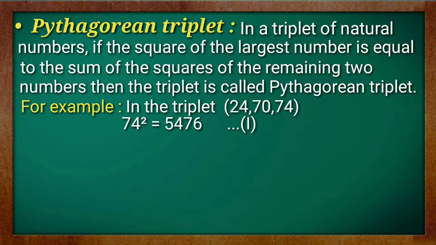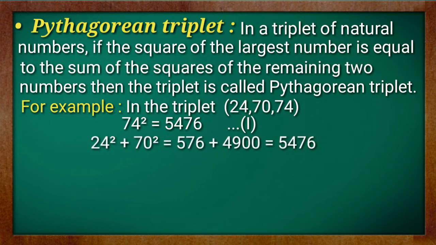Then take sum of squares of the other two numbers, that means 24 square plus 70 square equal to 576 plus 4900, that is equal to 5476. This is second. From 1 and 2, 74 square equal to 24 square plus 70 square.